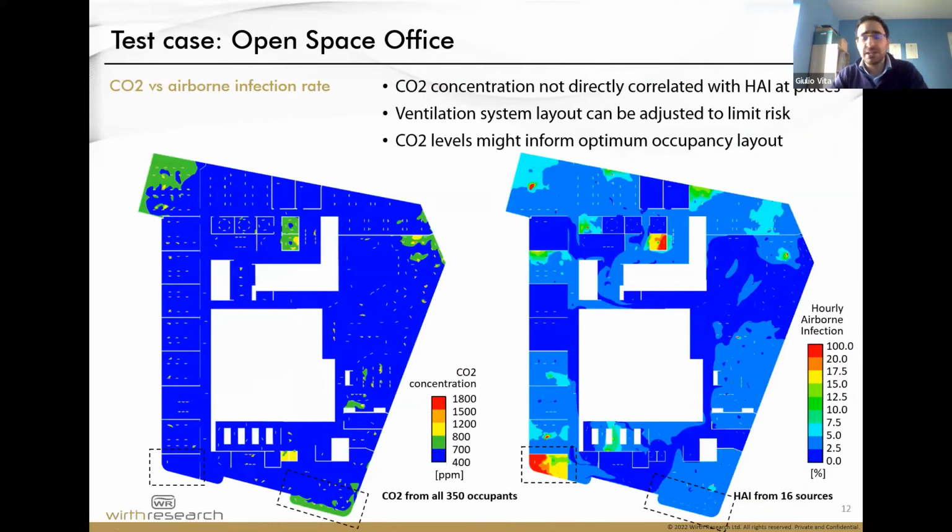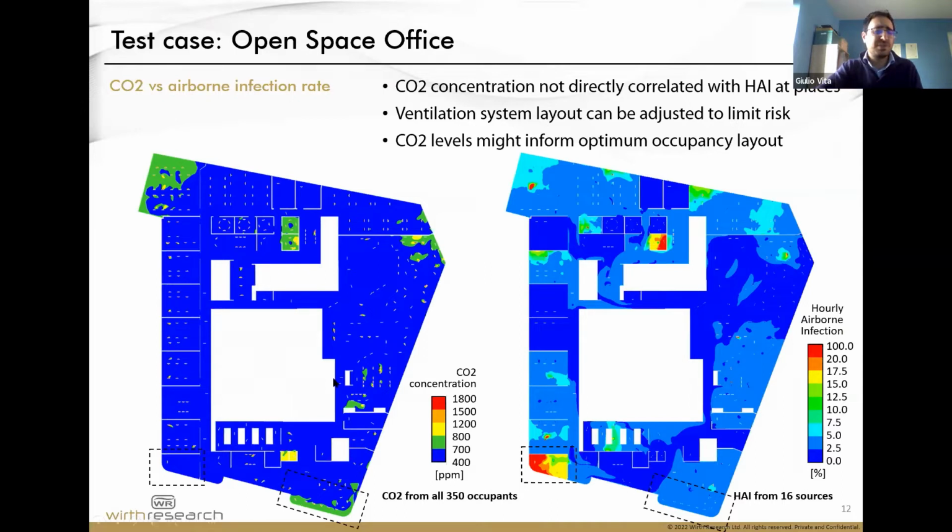What we did, we calculated CO2 concentrations and then compared with the early airborne infection rate that I explained earlier. This is also a hot topic currently: can we use CO2 concentrations to understand the liability to risk, so basically how risky an area is to contagion?